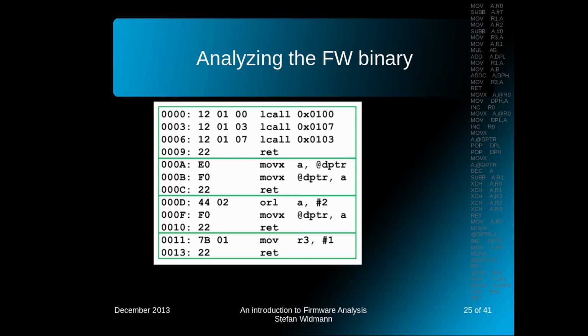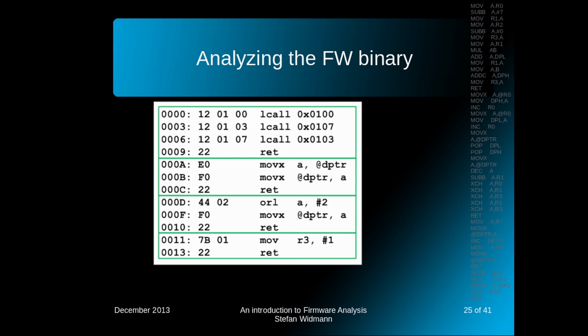We see 4 subroutines, the first being the root subroutine, calling the other 3 subroutines. And we can see that the first call to 100 is outside of our example. We do not have a 100 hex in this example.